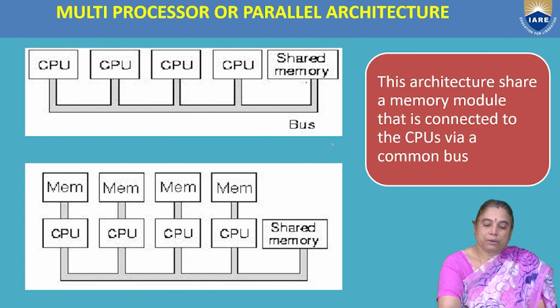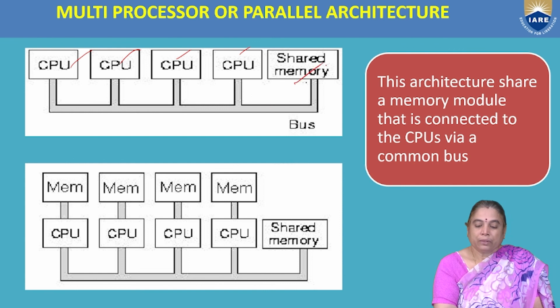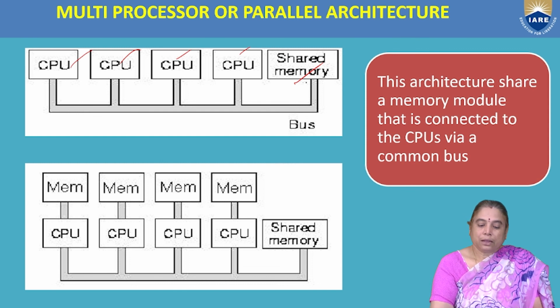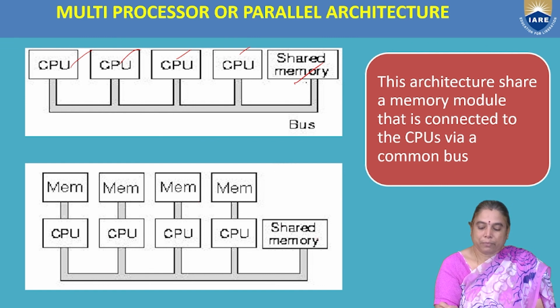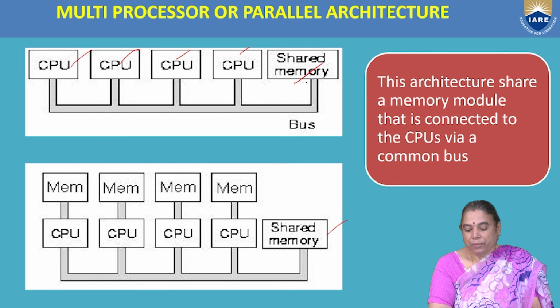Here more than one CPU, say four CPUs, are available, but these CPUs share a common memory. In the second variety of architecture, the CPUs have their individual memory and they can also share a common memory. So in this parallel processing, some data can be maintained commonly in order to execute the instructions in parallel.